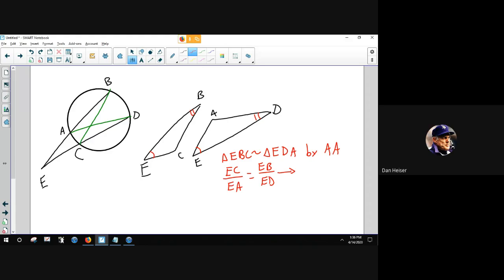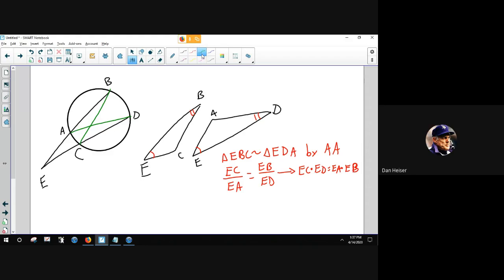And again, I'm going to multiply this through to eliminate my fractions. What I'm going to end up with is this equation: EC times ED, EC outside times the whole thing ED, equals EA times EB, EA outside times whole thing EB.